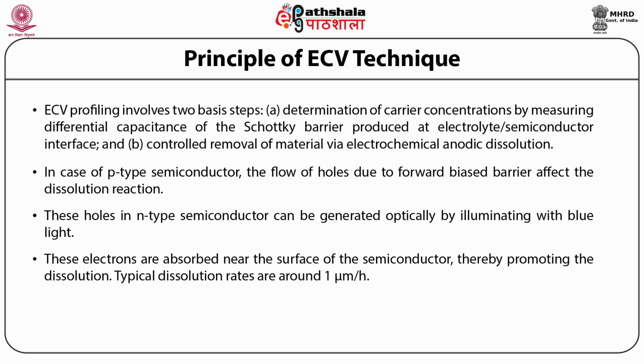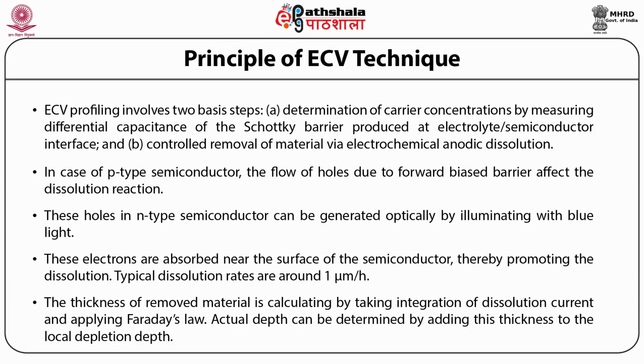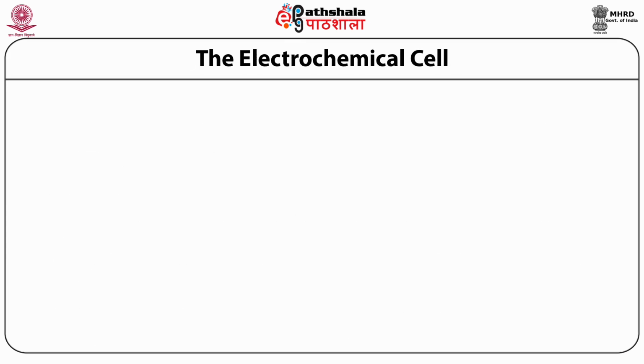These holes are absorbed near the surface of the semiconductor, thereby promoting dissolution. Typical dissolution rates are around 1 micrometer per hour. The thickness of removed material is calculated by taking the integration of dissolution current and applying Faraday's law. Actual depth can be determined by adding this thickness to the local depletion depth.